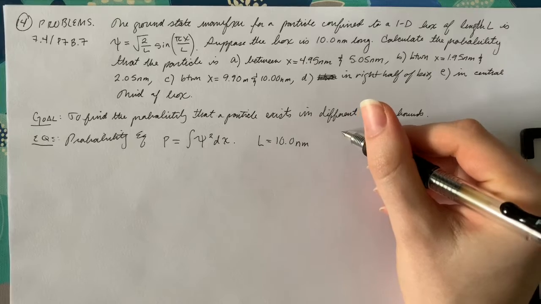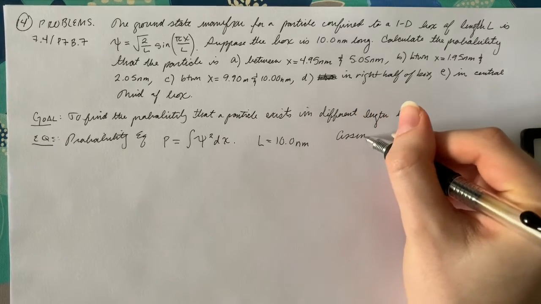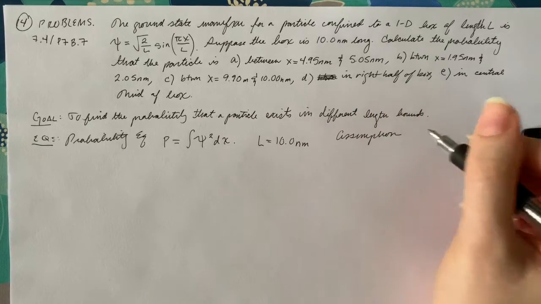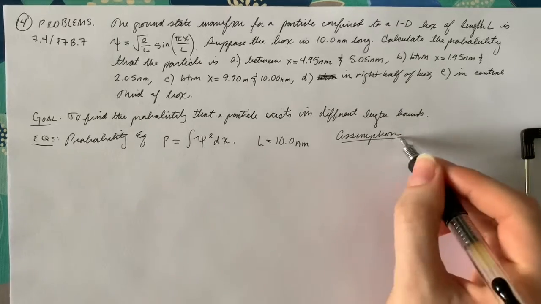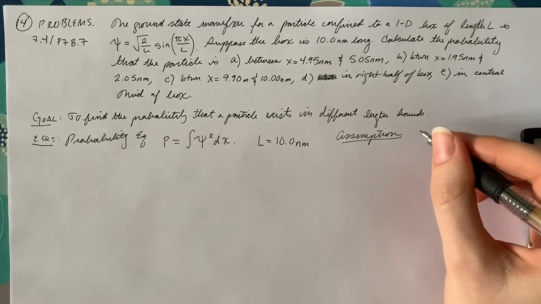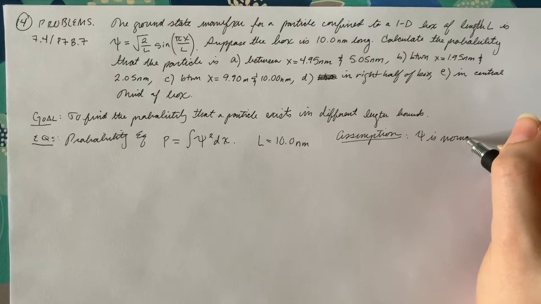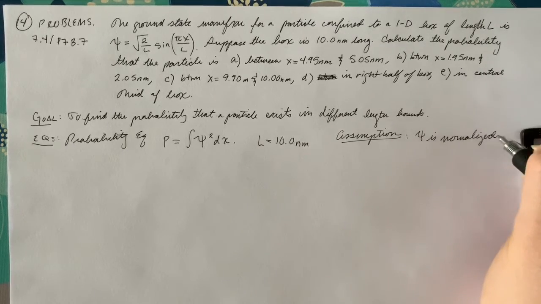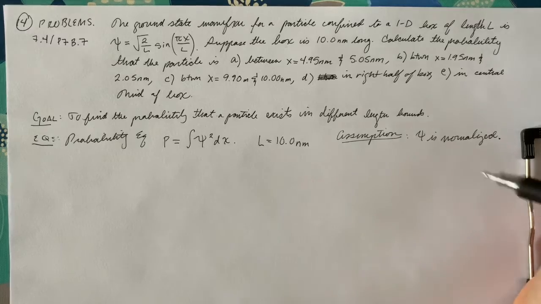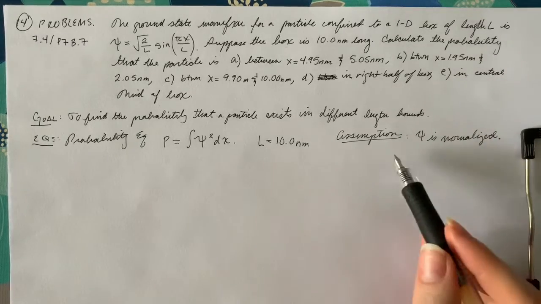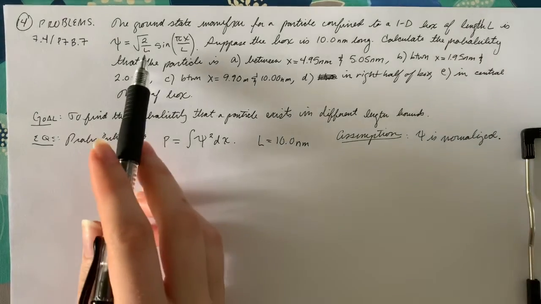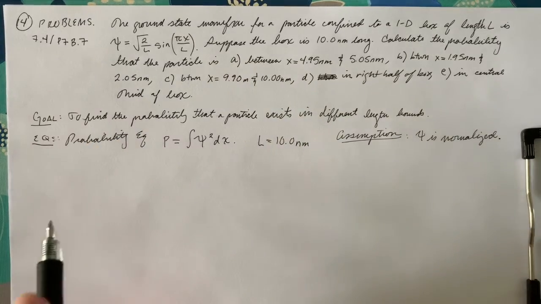So we can just write our assumption, because it doesn't say in the problem that it's normalized, but we're going to assume psi is normalized. So we don't have to do another normalization to this. We're going to assume it's already done.